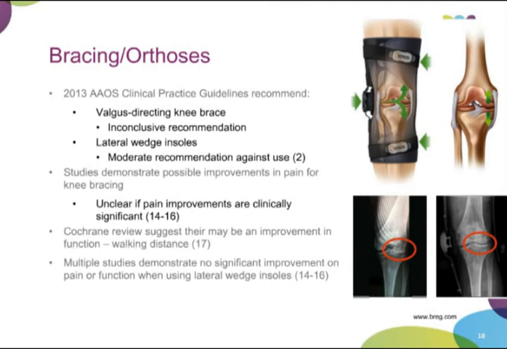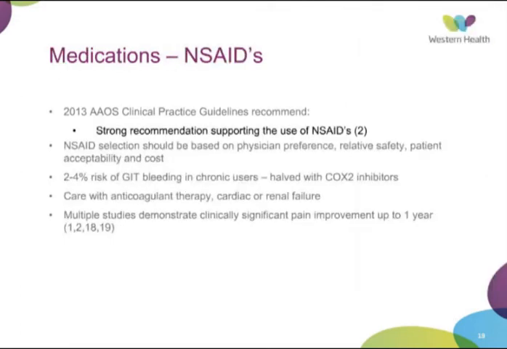In regards to medications, first-line management for knee OA in the younger or active person is non-steroidal anti-inflammatories, not aspirin. There is strong evidence, with multiple studies in the literature, to show that non-steroidal anti-inflammatories have good benefit. It doesn't really matter which one you use, although you need to relate it to your patient.